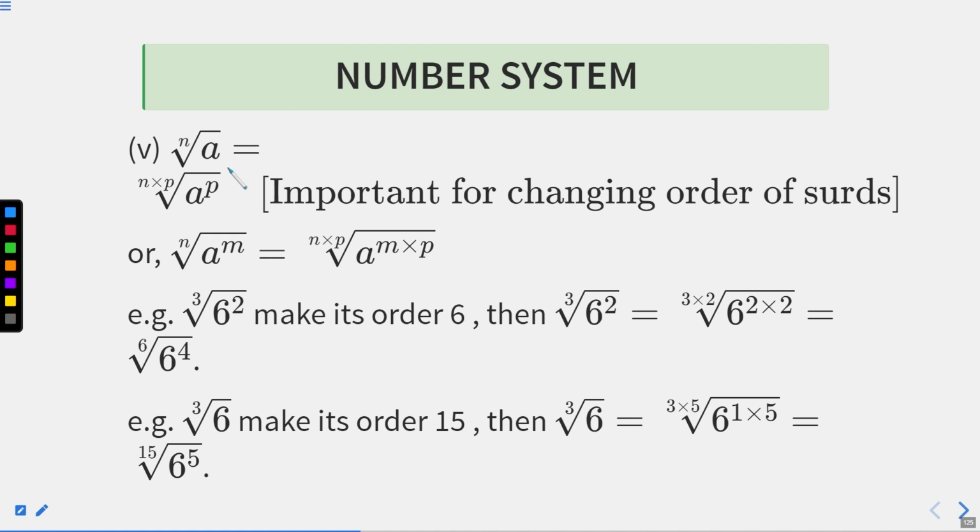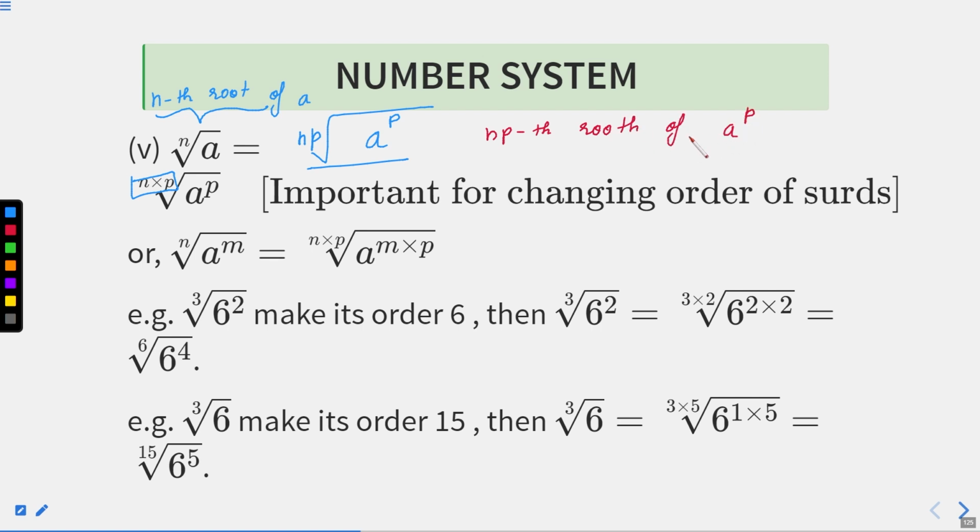The fifth property says that the nth root of a to the power p can be written like this: n multiplied by p, or I can say np, the npth root of a to the power p.